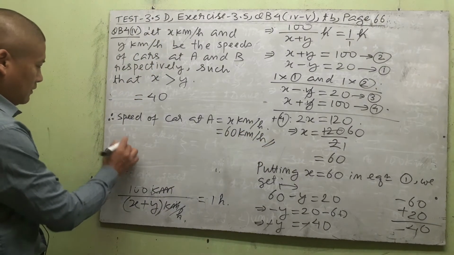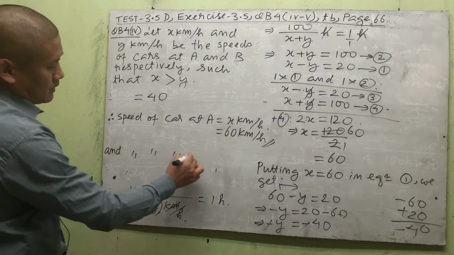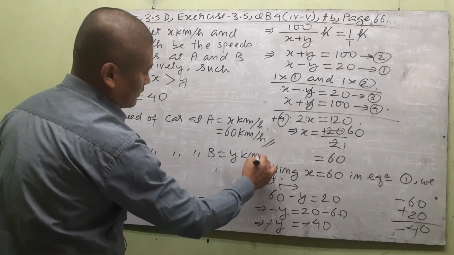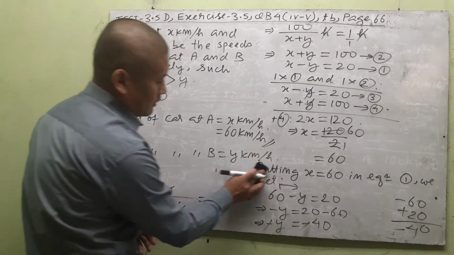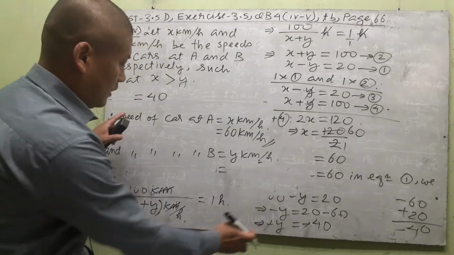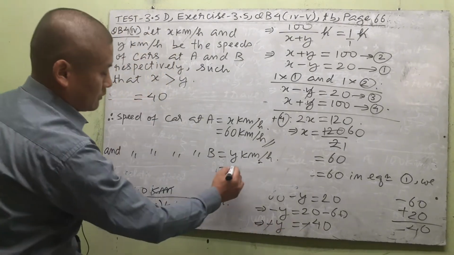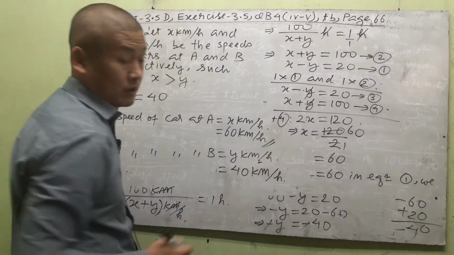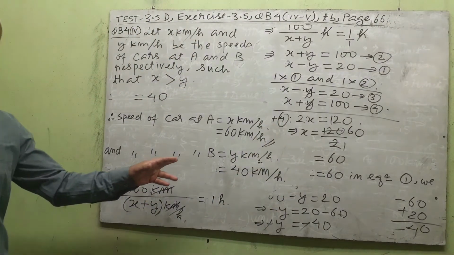And speed of car at B, y kilometer per hour we put in the beginning. We got y equal to 40, so we write here 40 kilometer per hour. I hope you got it right.